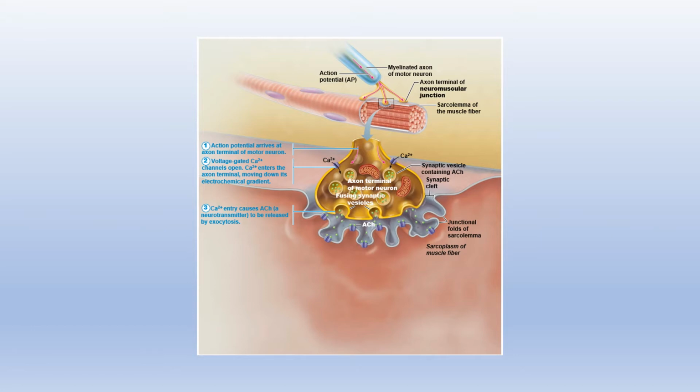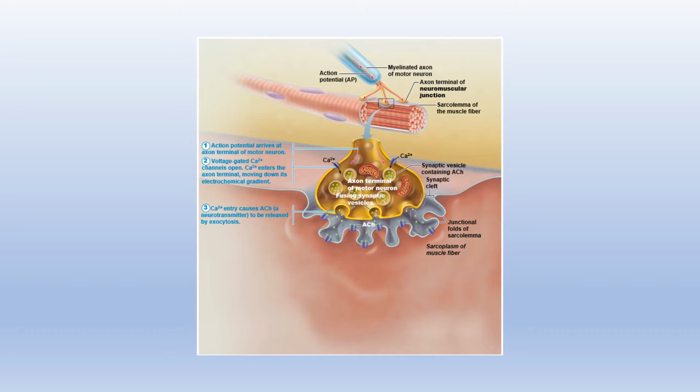Now, if we take one of those communication points or one of those synapses, that is what we are looking at in the bigger picture. This yellow bouton structure is the axon terminal. The axon terminal will communicate with the sarcolemma of a muscle fiber.